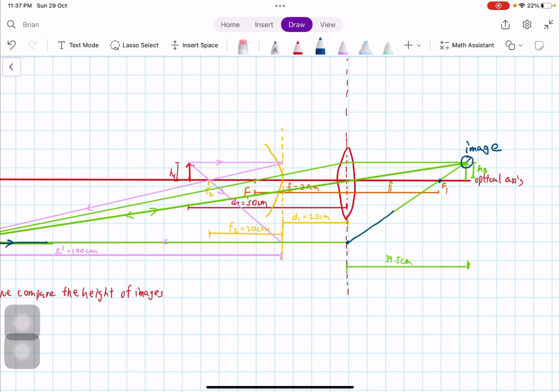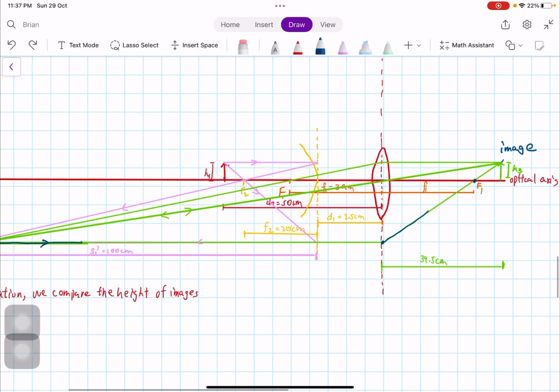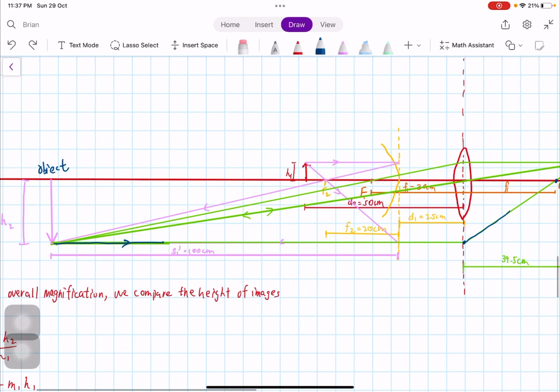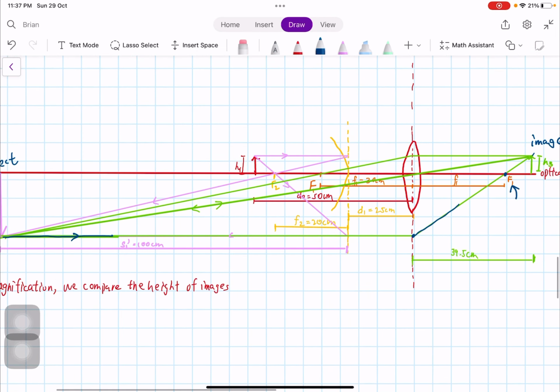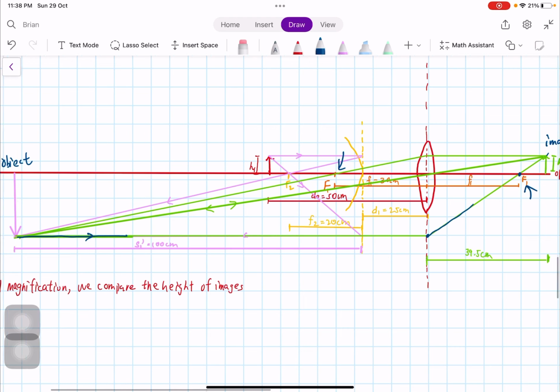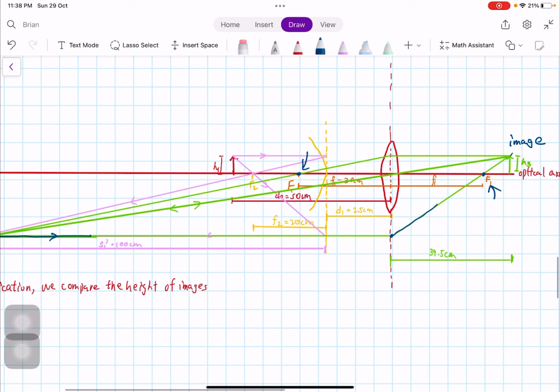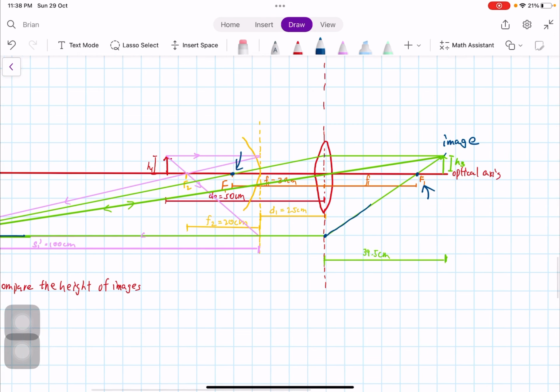Now, this is with the first ray, so I have to go with the focal ray to consider where my final image is. Since we have used this focal point, we're going to use this focal point for the focal ray. So I connect these dots with the green line. Then when it goes here, it is going to refract parallel to the optical axis.